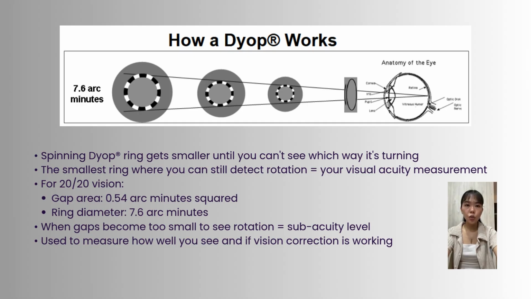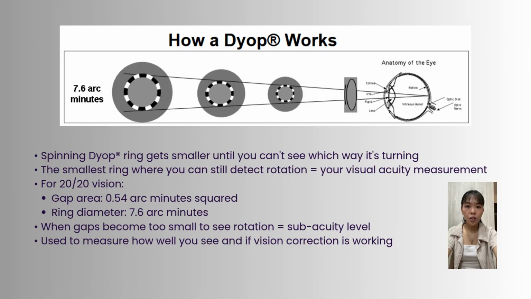The Dyop test uses a spinning ring made up of gaps and segments. As the ring gets smaller, the gaps also get smaller. When the gaps are too tiny, the eye can no longer tell the direction of the spin. The Dyop acuity endpoint is the smallest ring size where a person can still see the spinning direction. This point shows how clear the vision is and how well correction is working.